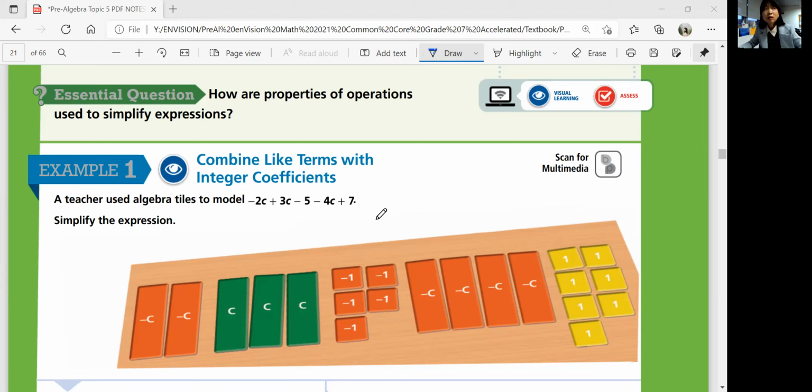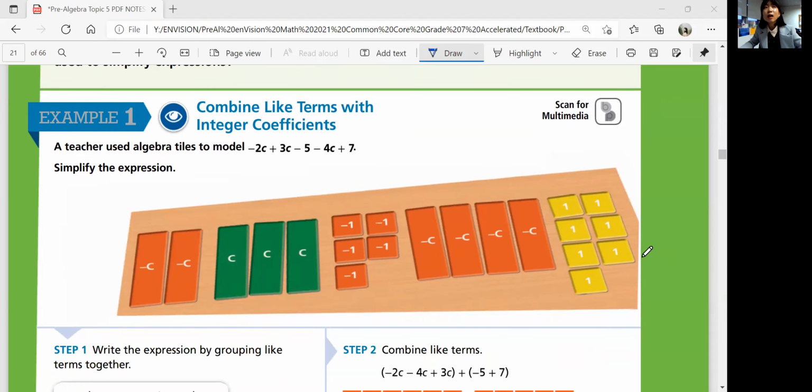We have it in the classroom. So if you need it, you can ask Ms. King for it. Okay? It helps you to visualize the abstract things into a tangible tile. So it is helpful.